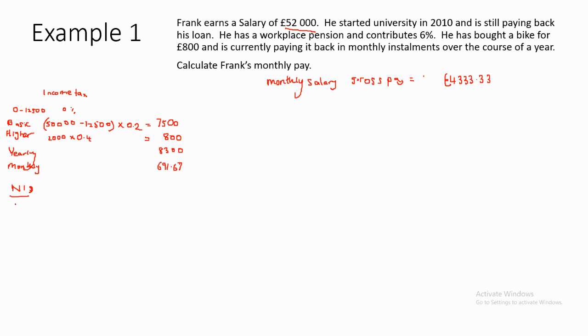Okay, so national insurance. You do not pay any national insurance up to £792 a month. 0 to 792, 0%.